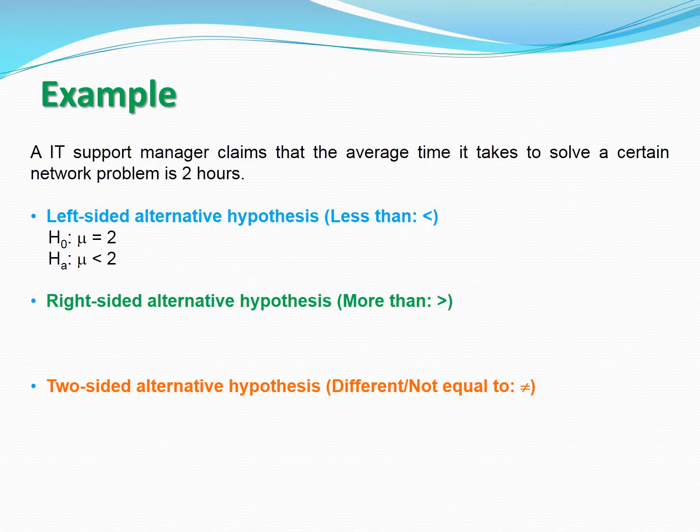Or if you want to test that it will take longer than 2 hours, then you will state in your alternative hypothesis that your population mean is greater than 2. Or if you want to test that the time is different than 2 hours, then you will state in your alternative hypothesis that the population mean is not equal to 2.